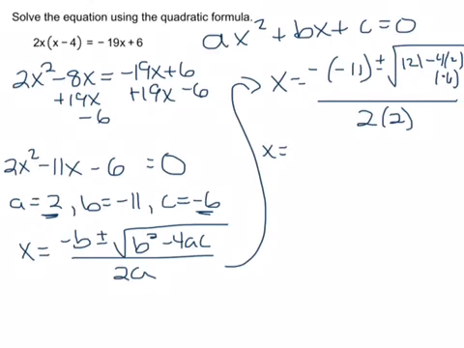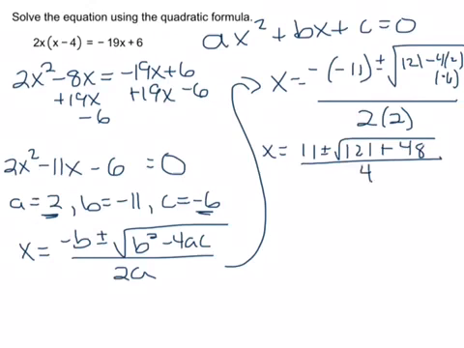Okay, order of operations. So negative 11 will be 11, plus or minus, let's see, inside our square root we have 2 negatives. That's going to be 121 plus, and then, let's see, 4 times 2 times 6 is 48, all over 4.